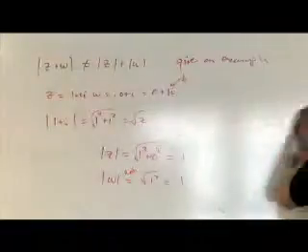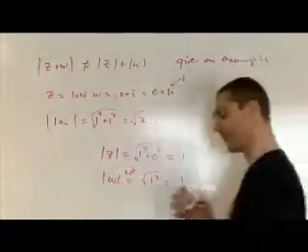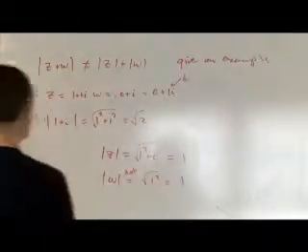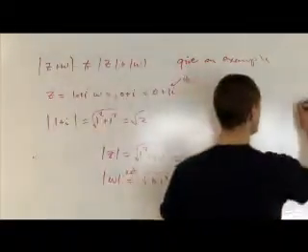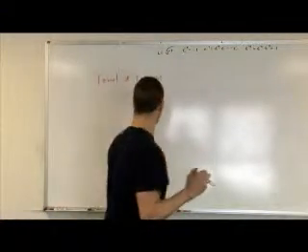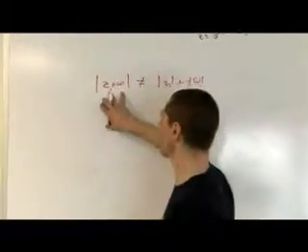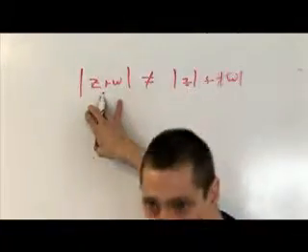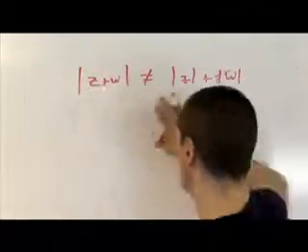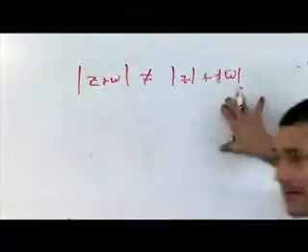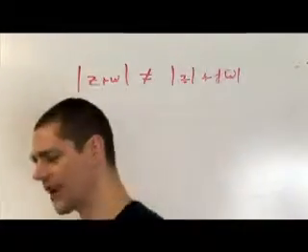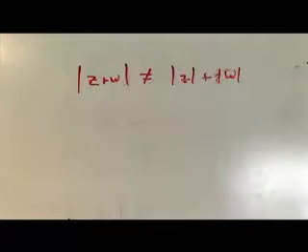Remember when we were adding these complex numbers, they're vectors? Well, what did we figure out we were doing? In general, if we add these complex numbers, the norm of that, or the modulus, or the absolute value, which different books will use, does not equal the sum of the absolute values. Let's understand why that should be true from just the picture.